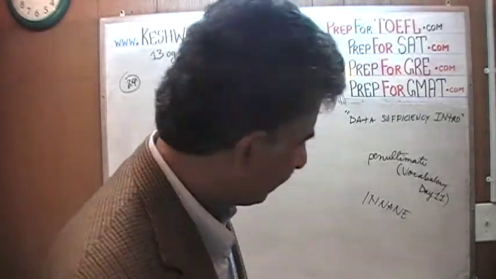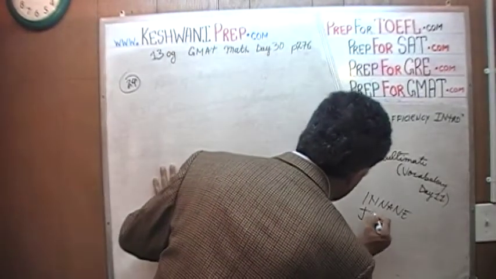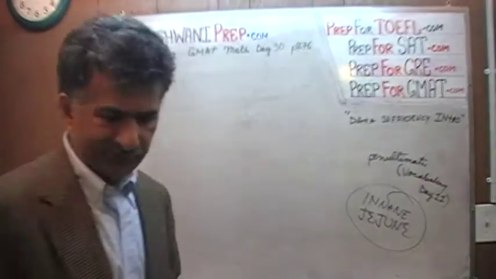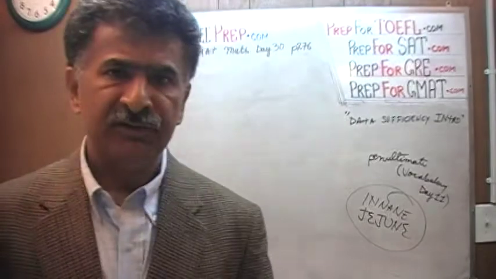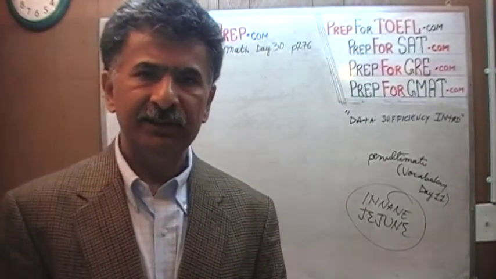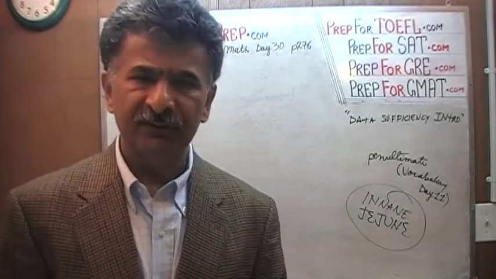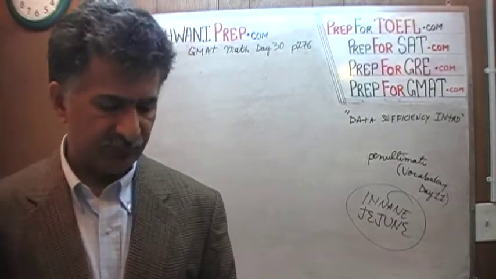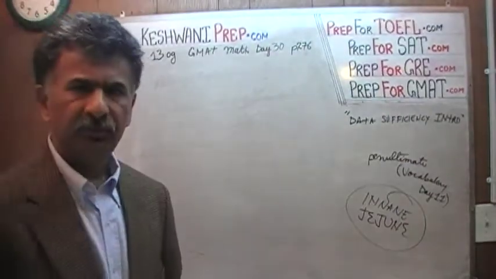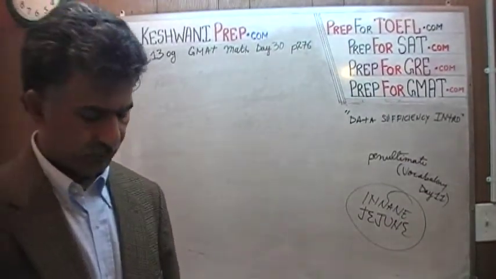You learn it yourself. Here's another good word. Learn these words yourself. Inane, something jejune. Something inane is something that doesn't have much substance in it. It's just silly. It's childish.